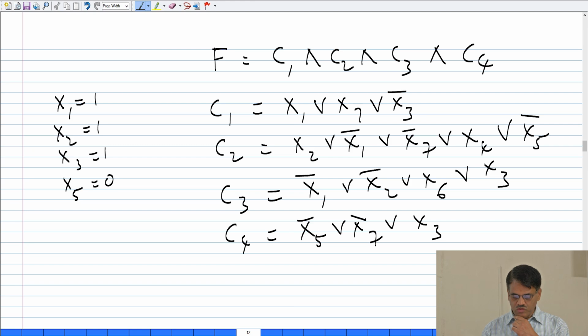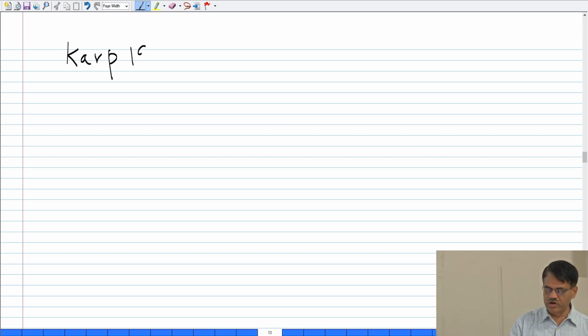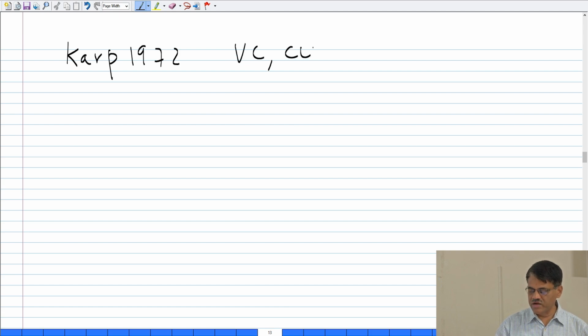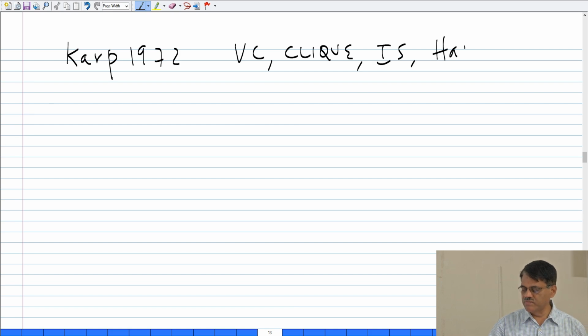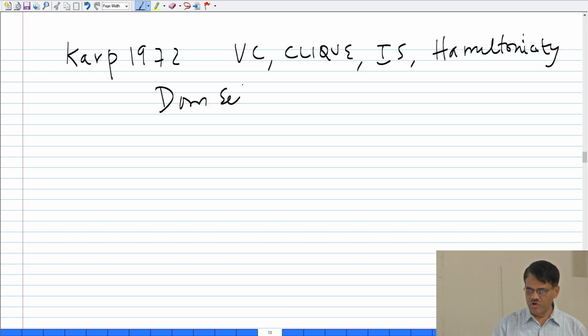Okay. So, later in 1972, Richard Karp, who also won the Turing award, showed a number of problems: vertex cover, clique, independent set, Hamiltonicity, dominating set, a whole bunch of them are NP hard.